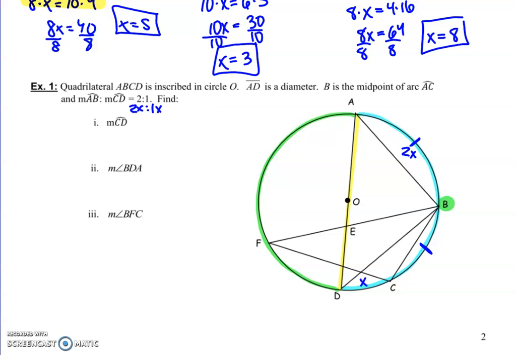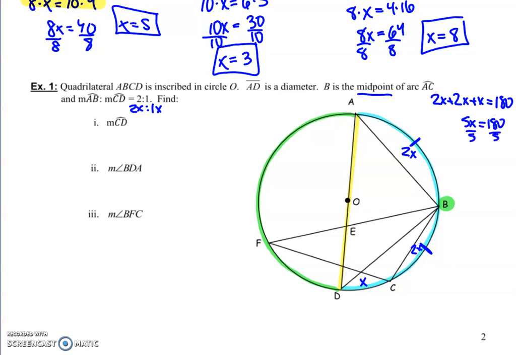Well, there's just one more thing that we have to add. They're making this really confusing. Since B is the midpoint of arc AC, if AB is 2x, BC is 2x. And now I'm going to use the fact that all of those arcs have to add up to 180. So I've got 2x plus 2x plus x equals 180. 5x equals 180.